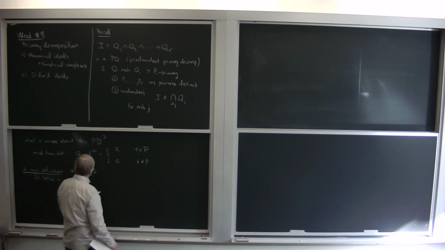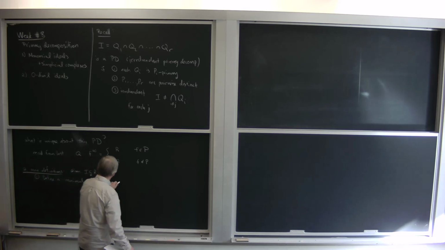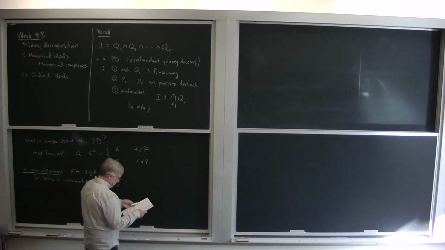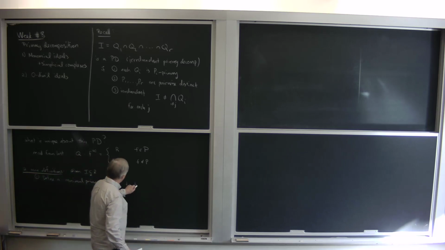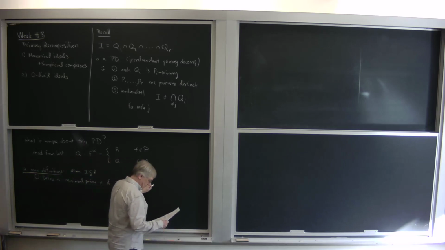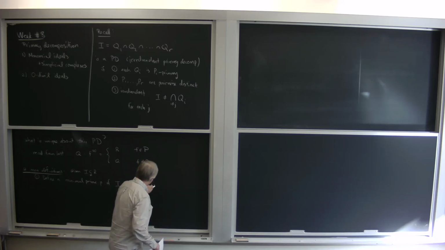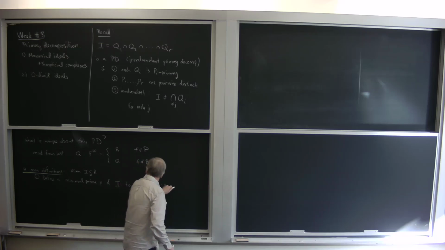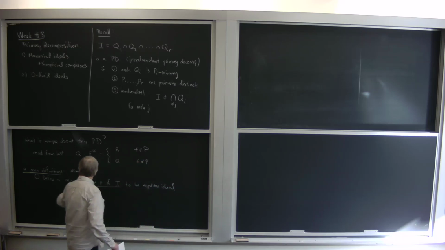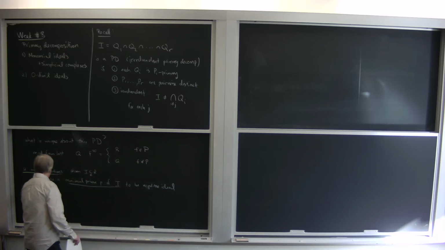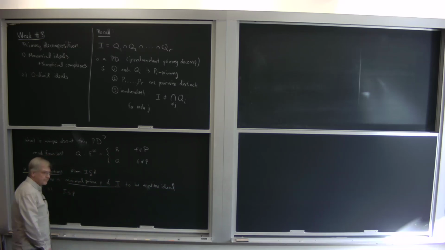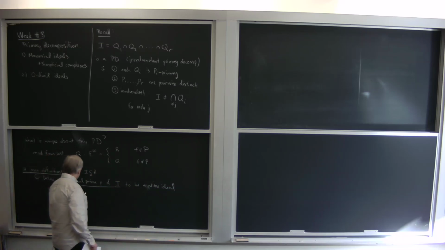So define a minimal prime P of I as follows: a prime ideal P such that I is contained in P, but nothing else is between it.